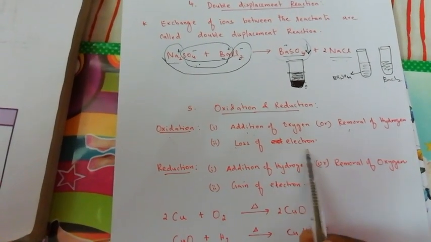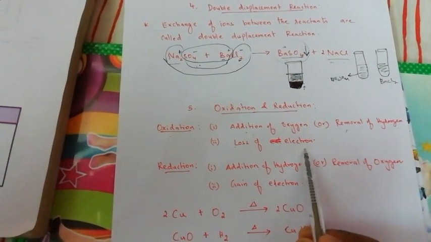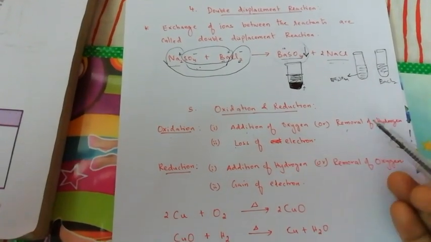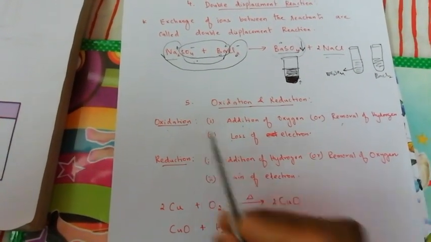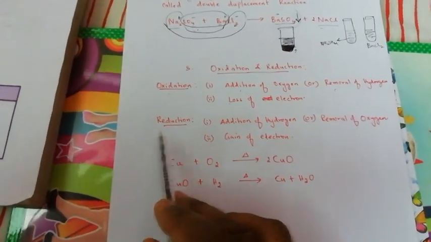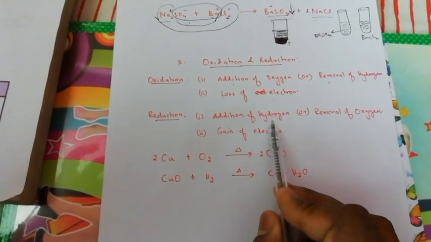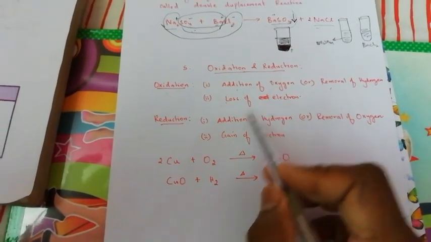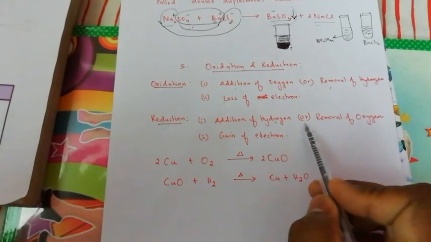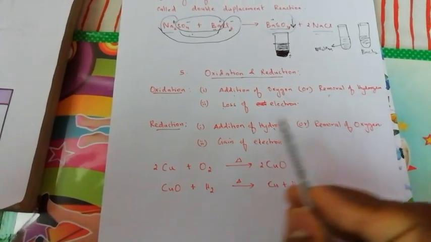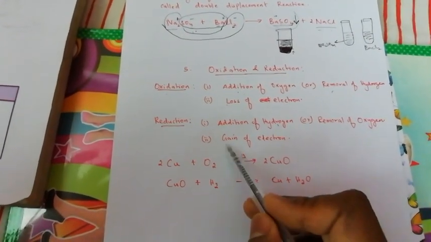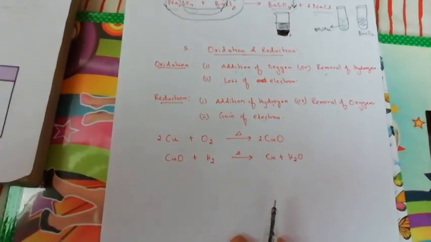It is loss of electrons. If they lose some electrons, then that is also oxidation. Reduction is addition of hydrogen, just the opposite of it. Addition of hydrogen or removal of oxygen. In other words, just opposite, gain of electrons. So this is the definition of oxidation and reduction.